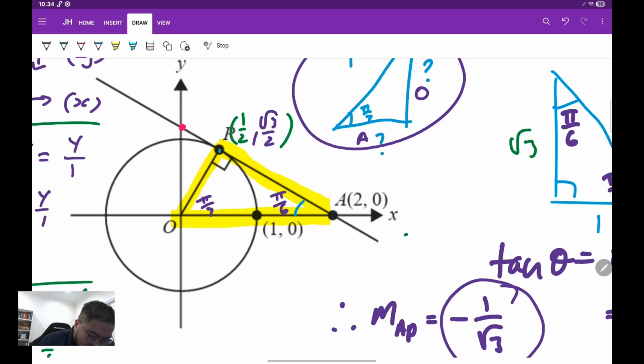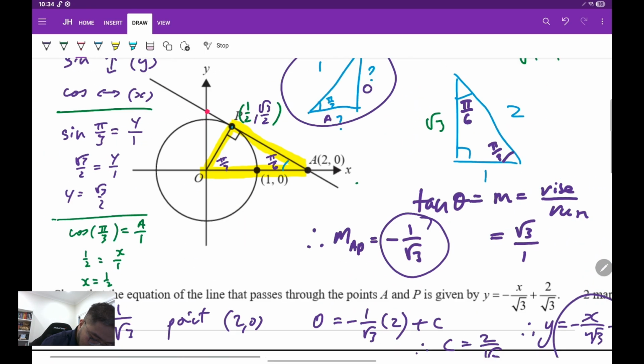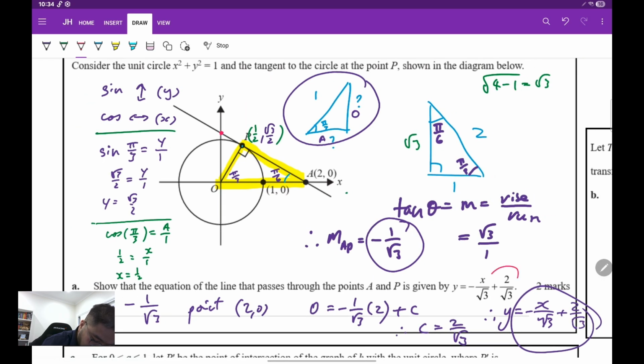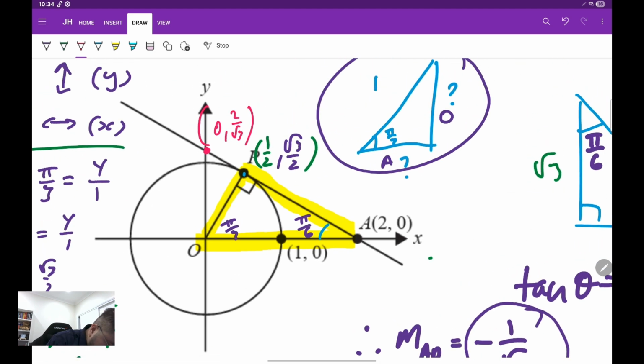Now this coordinate here is the y-intercept of the tangent line. And we can use that information to say that that's (0, 2 on root 3). And if we look a little bit further down here, this coordinate here is (0, 1).